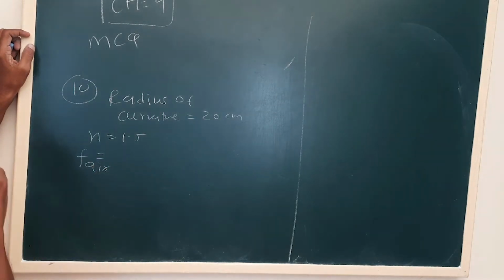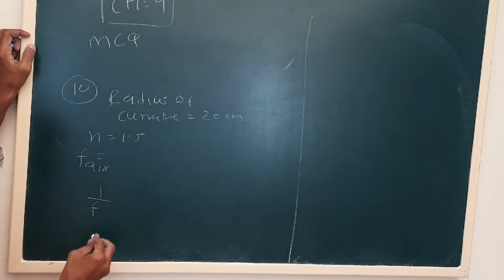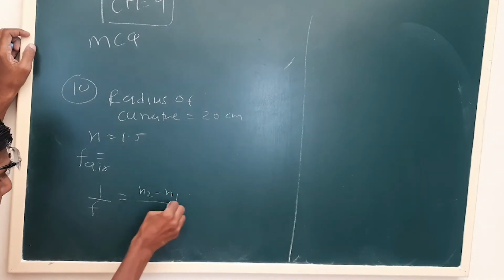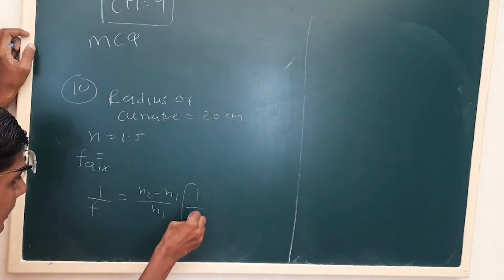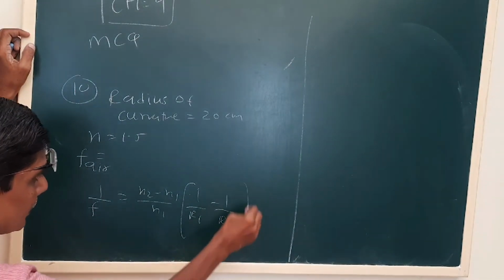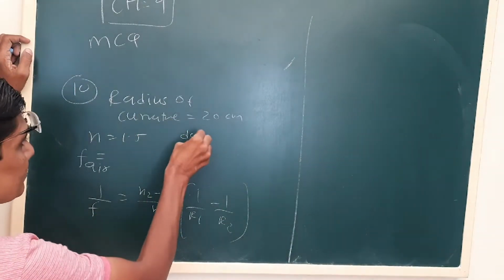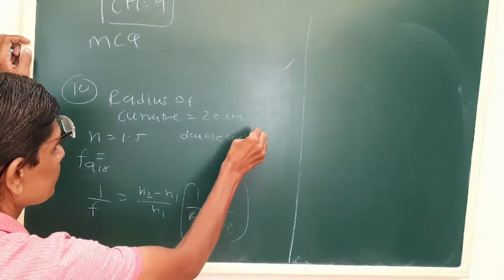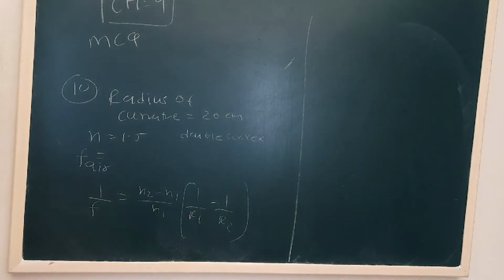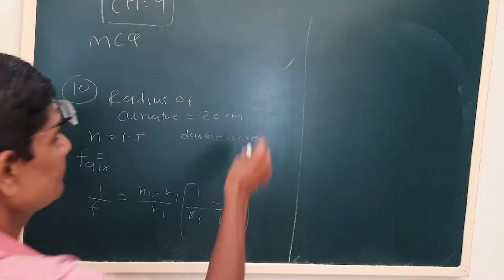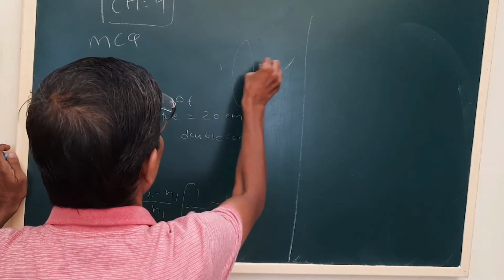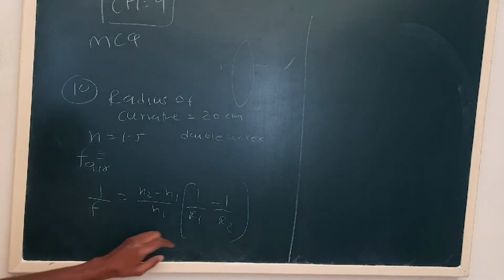Okay, now see our formula: 1 upon F is (N2 minus N1) upon N1 times (1 upon R1 minus 1 upon R2). Now see here is a double convex lens, so both radii will be equal, and one we have to take positive and another we have to take negative.